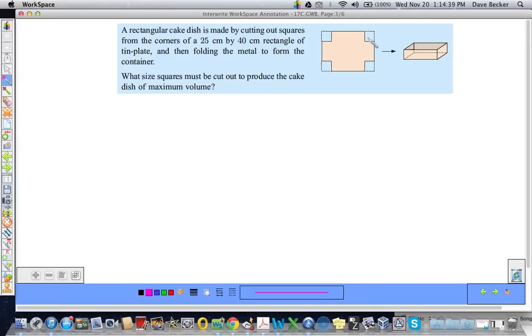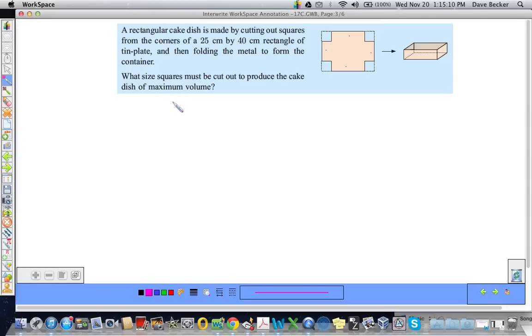But what happened is they cut out these 4 little blue squares and then folded up the tabs, folded up this and this and this and this to form this cake pan. And what they want to know is what size squares should I cut out so we have the maximum amount of volume. Okay, and so we don't have any sort of function here.